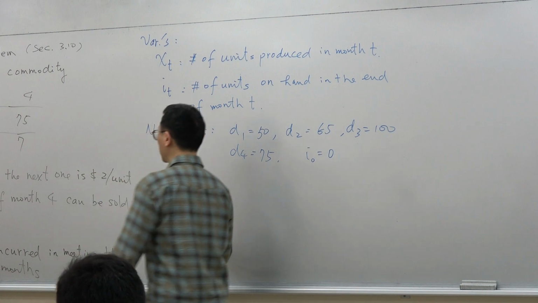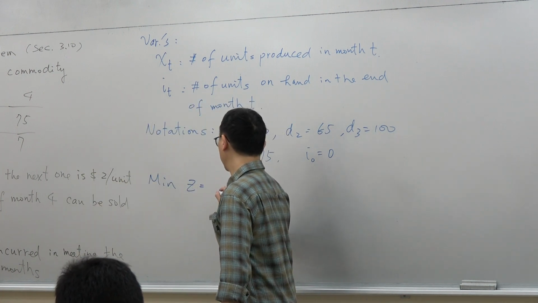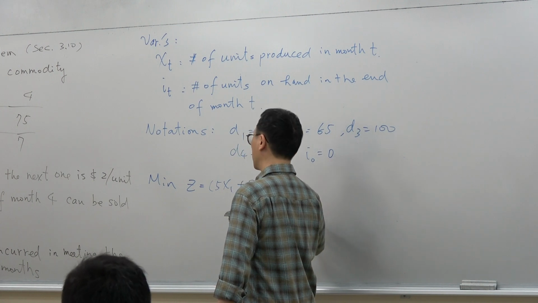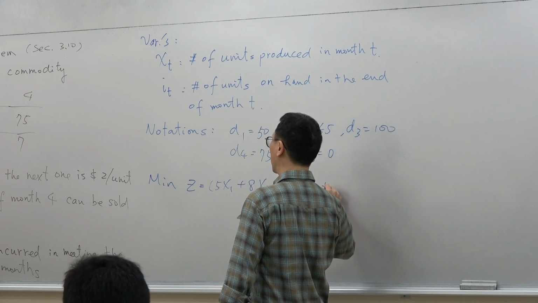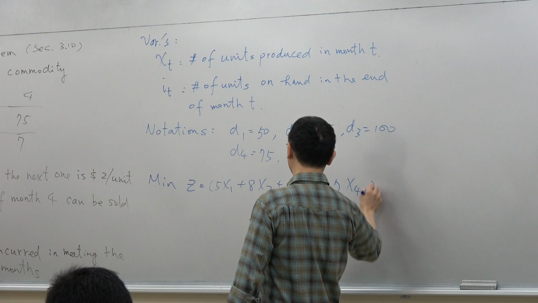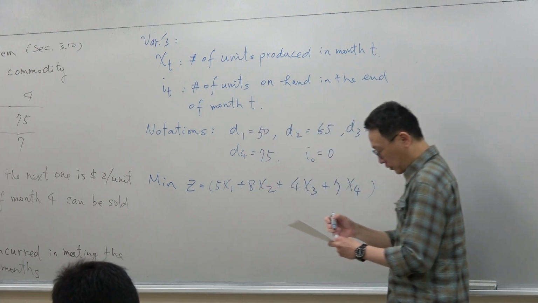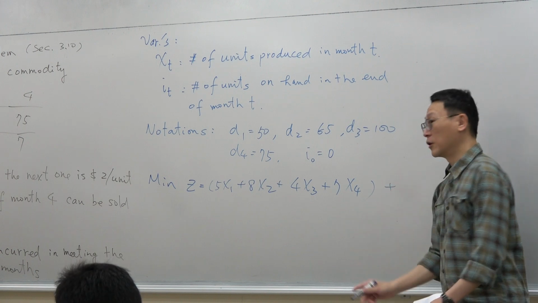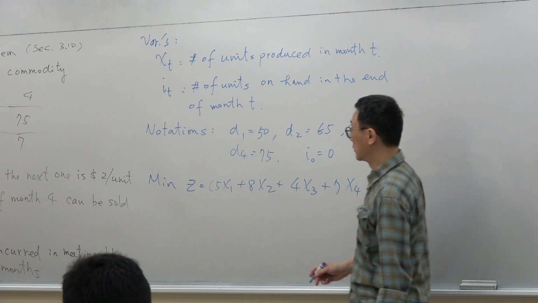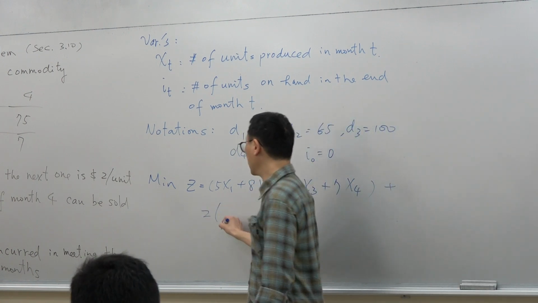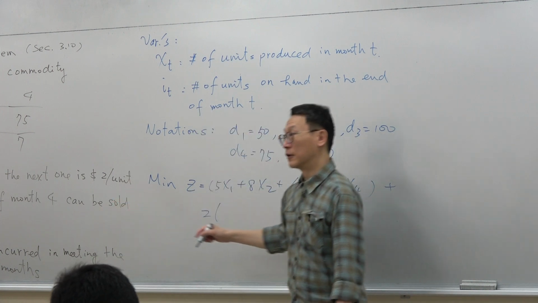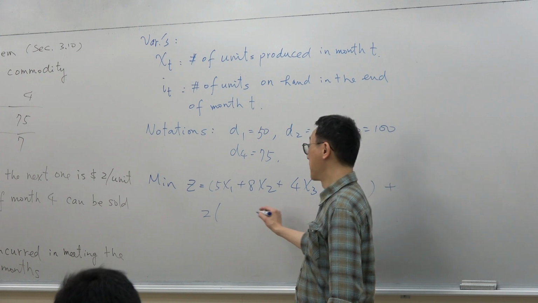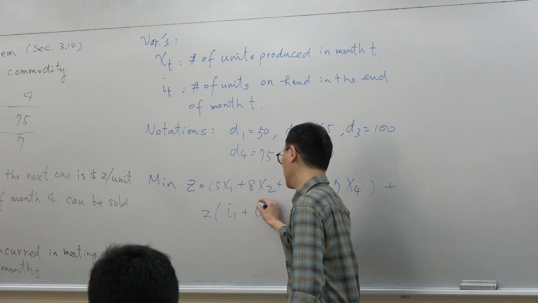The production cost will be 5x1 plus 8x2 plus 4x3 plus 7x4. That is the production cost. And also inventory cost. Inventory cost would be 2 per unit on hand, so 2I1, 2I2, 2I3.